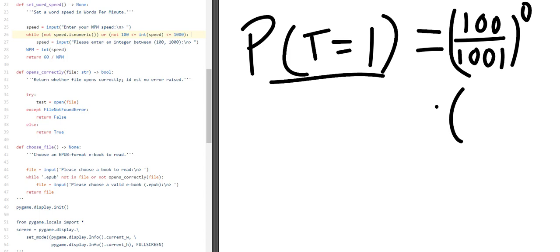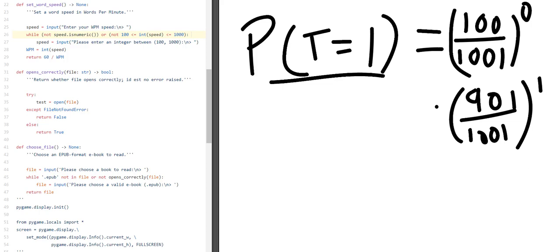Because we do 1000 minus (100 minus 1), so that should be 901. And that is 901 out of 1001, that we pick one time. Okay, so this already looks like a geometric distribution.